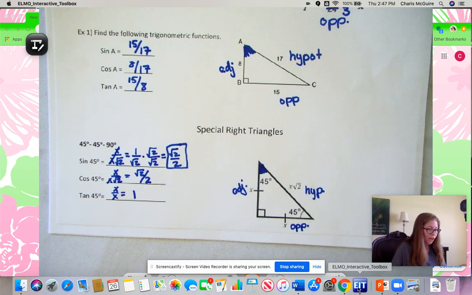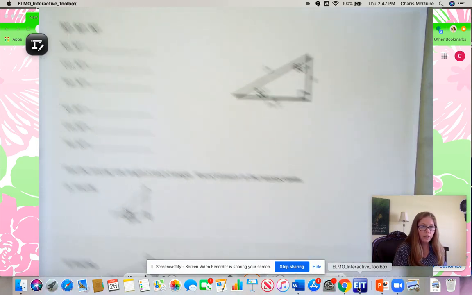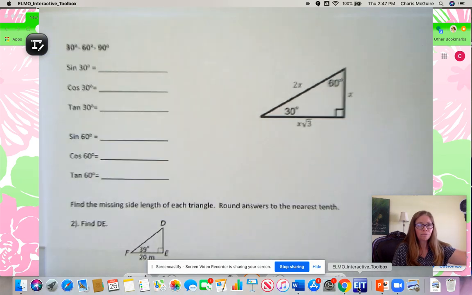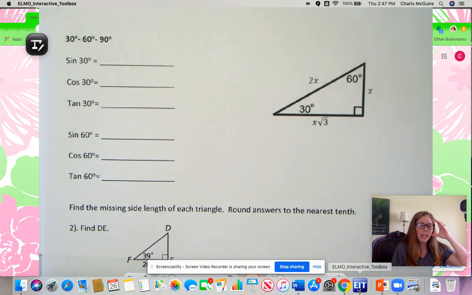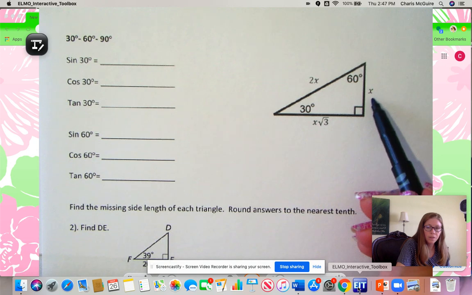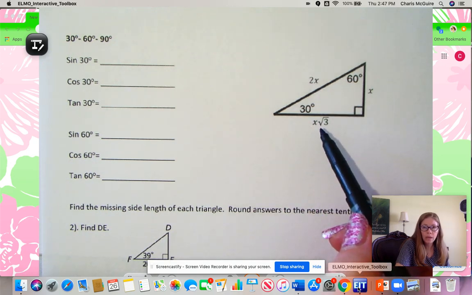All right, let's go on to our next special right triangle that we've been working with, our 30, 60, 90. This is the last thing that you did for homework, so we're going to take a look at it. And again, we're working with the variables x, 2x, and x square root of 3. And it's all labeled.